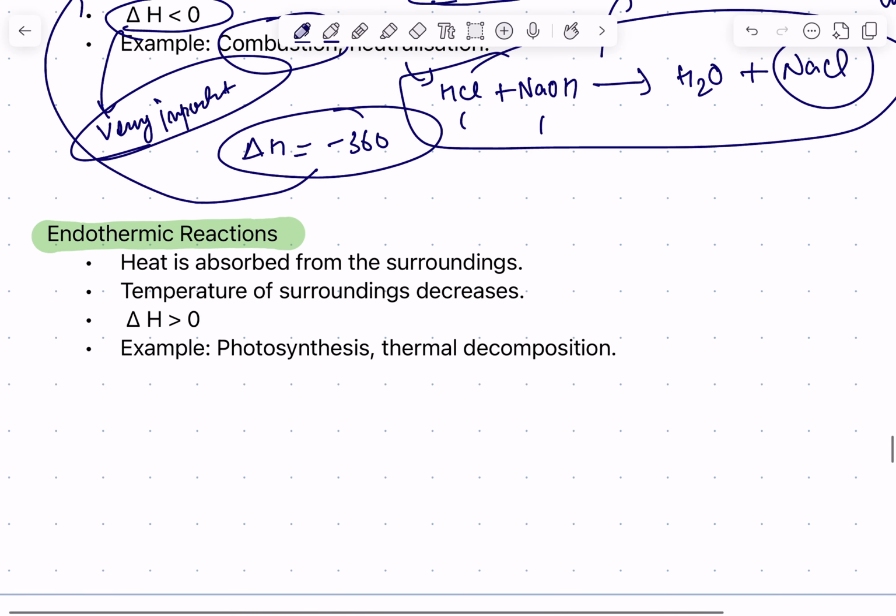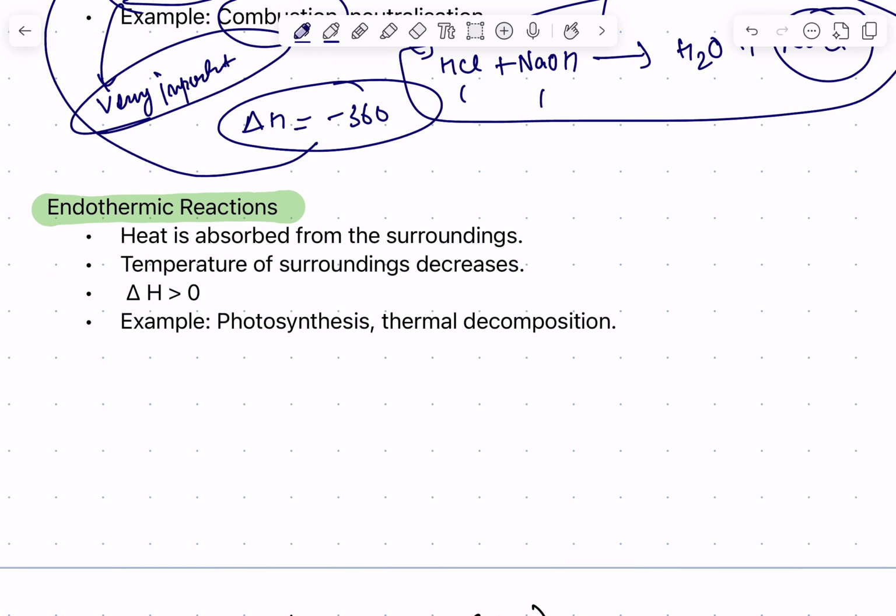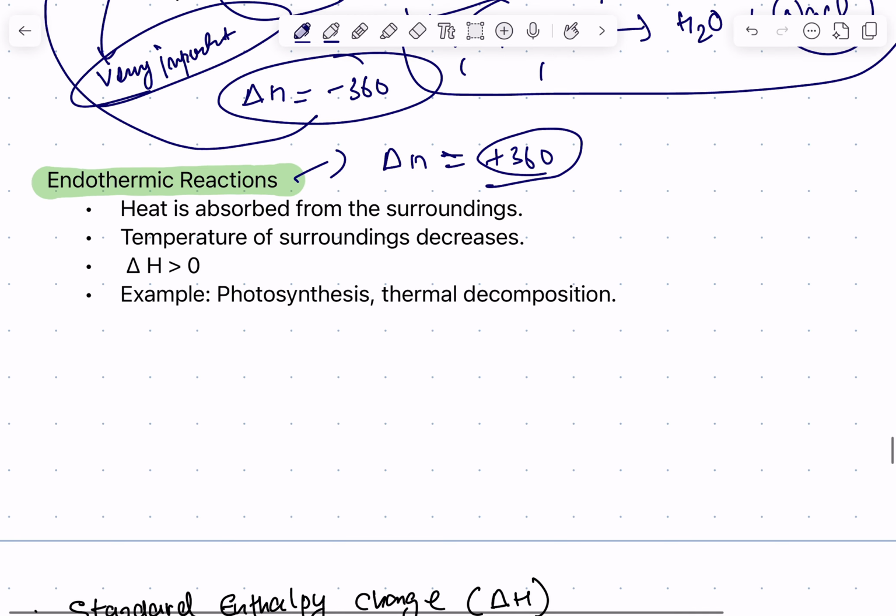Moving forward with endothermic reactions, the delta H value is positive, so it can be plus 360, for example, or plus 2, plus 7, or plus 8. In an endothermic reaction, heat is absorbed from the surroundings and the temperature of the surroundings decreases. Let's take an example of ice.